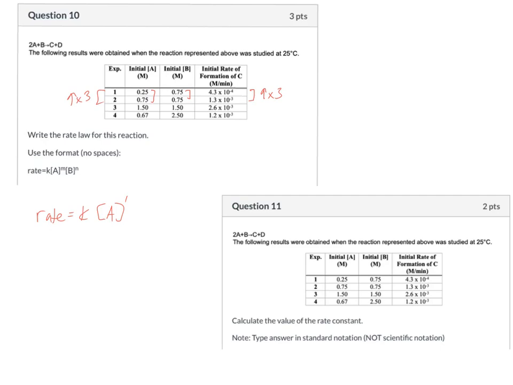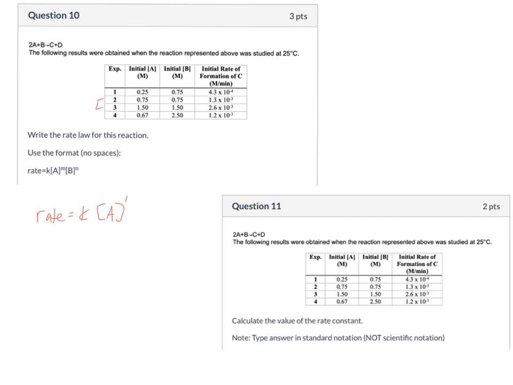Now B, we want to look where A has stayed constant. So A is constant nowhere, but we can analyze what happens here. Let's look at 2 and 3.